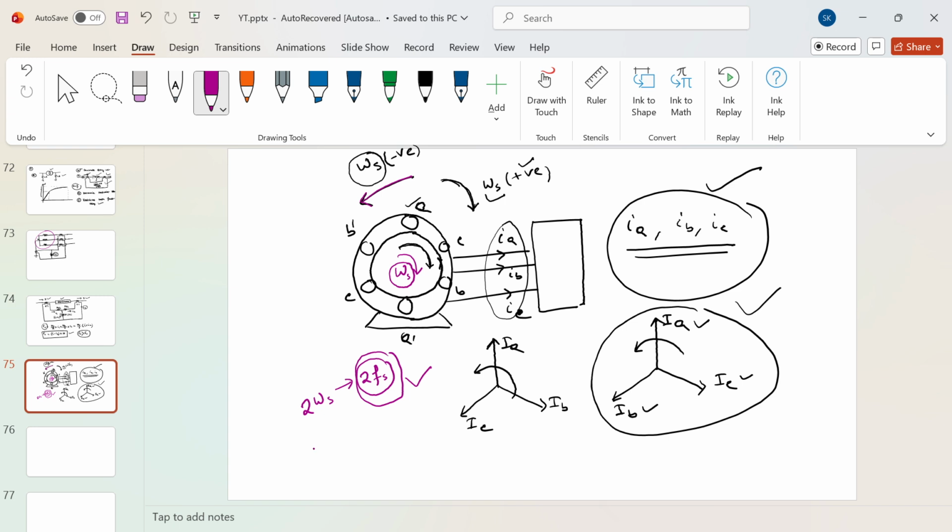The eddy current loss is P eddy equals Ke f squared Bm squared t squared, and the hysteresis loss is Kh Bm to the power 1.6 roughly, times f. So you can see if there is an increment in the frequency, the eddy current loss and the hysteresis loss in the rotor core will also increase.